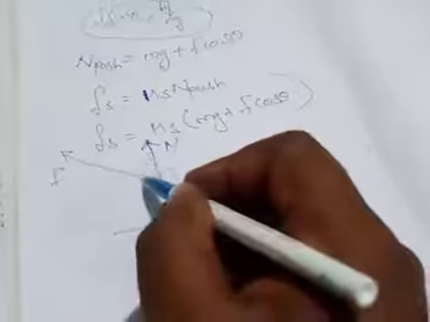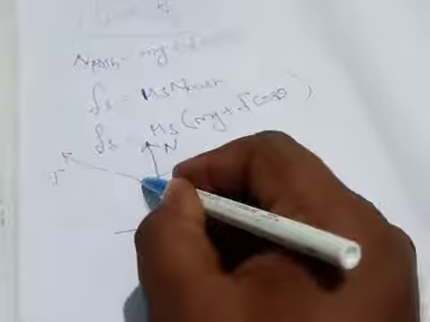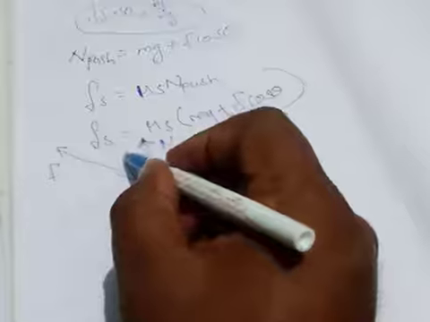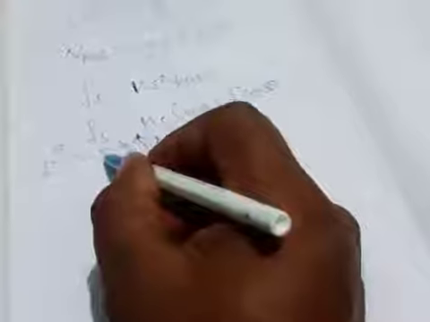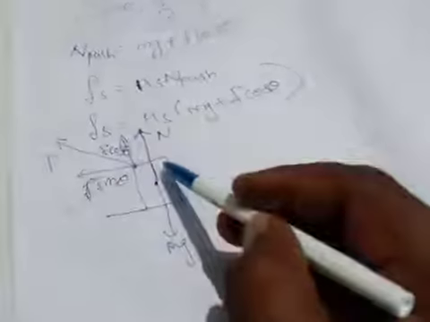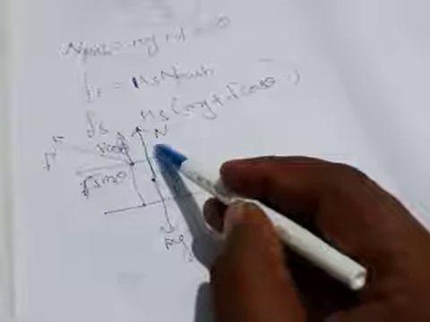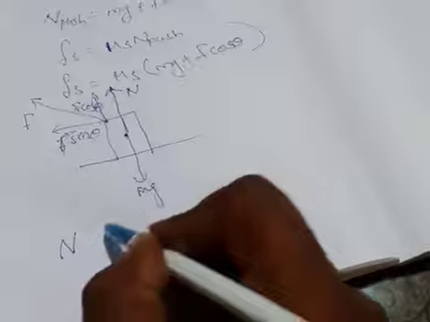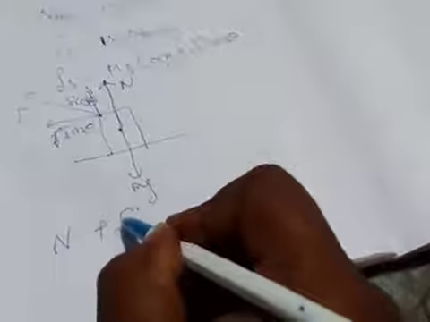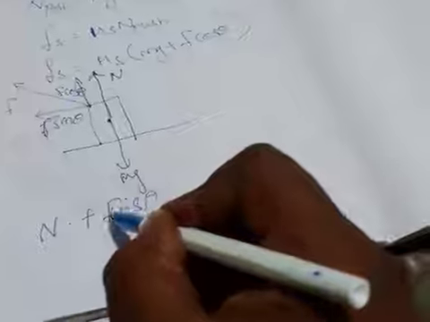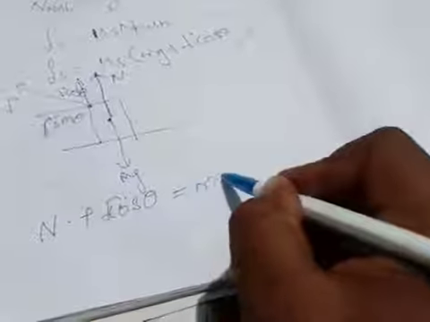Now this force, again you see, is at an angle theta. It is splitting into two components. The perpendicular component is F sin theta, and this is F cos theta. While pulling the object, the upward force is the normal force and F sin theta, downward only mg. So you can write the equation: upward is N plus F sin theta, but downward is only mg.